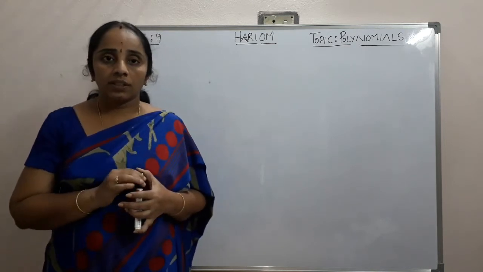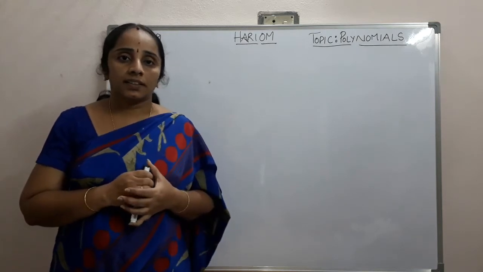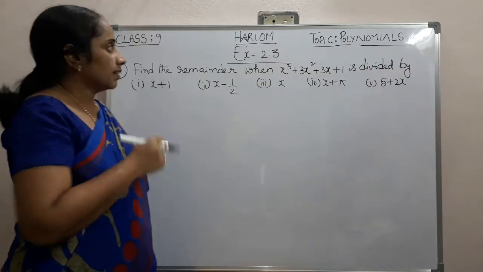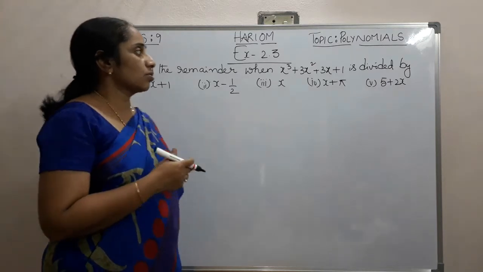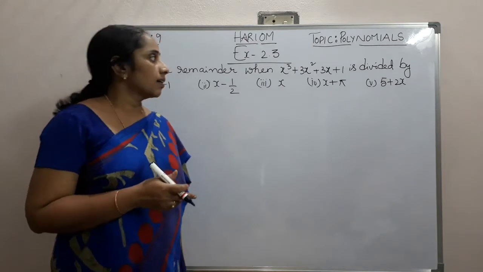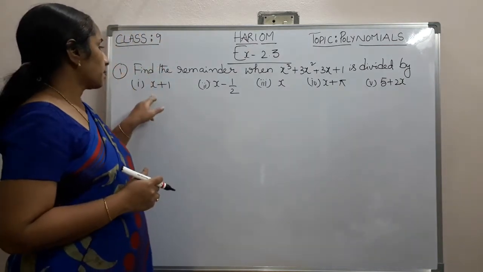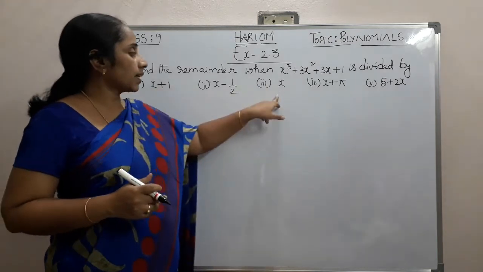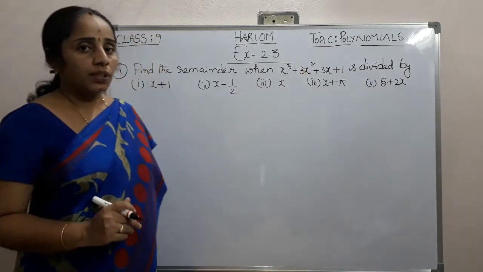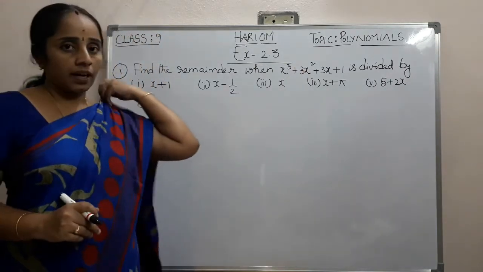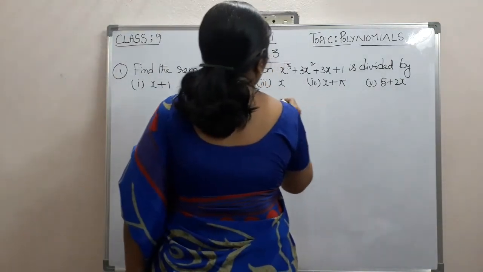Now we are going to discuss remainder theorem. In this exercise they ask you to find the remainder when x cube plus 3x square plus 3x plus 1 is divided by x plus 1, x minus 1 by 2, and x plus 5 plus 2x. First I am doing it with normal division.